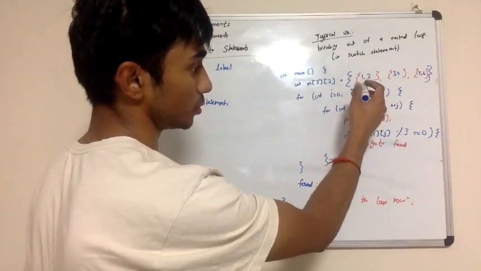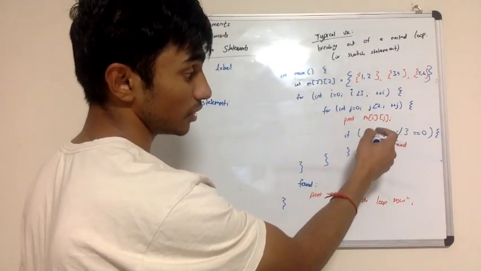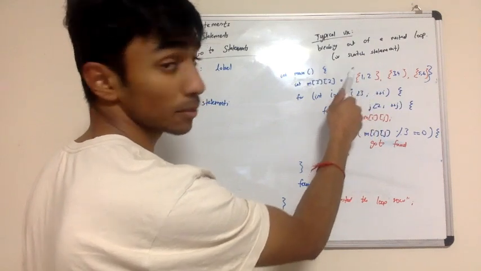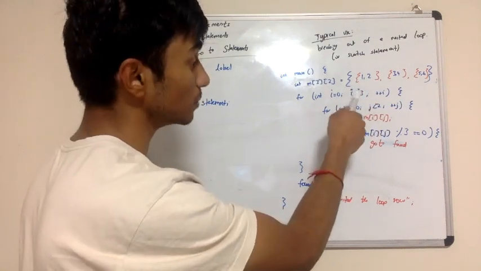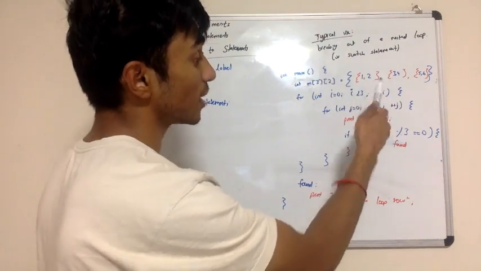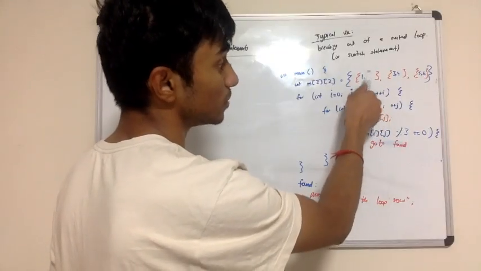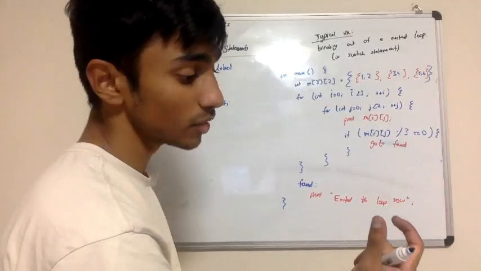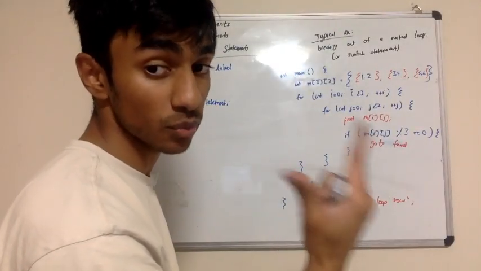Similarly, let's say i is 0. For m of i j, if j is 0, then I'm looking at the first element of my child array, the 0th index. If j is 1, then I'm looking at the second, or index 1, element of my child array. That's why I say j equals 0, j is less than 2, because j is always going to be 0, then 1, then 0 and 1, then 0 and 1.